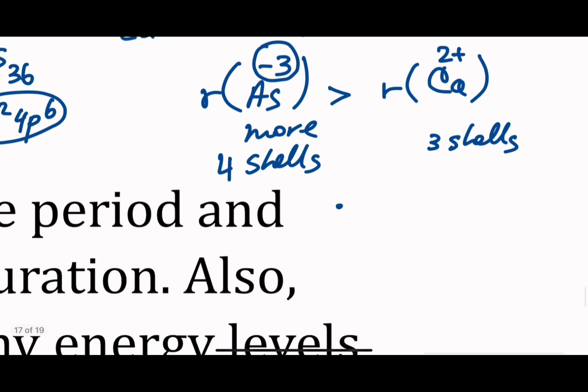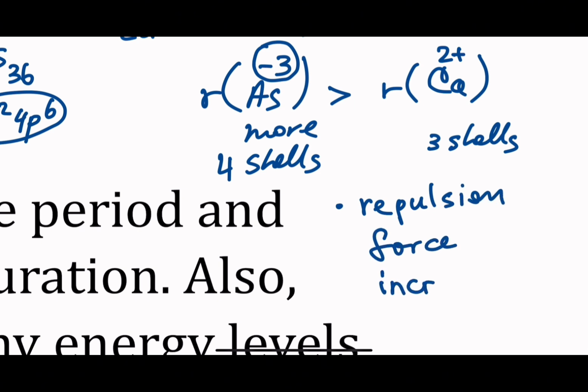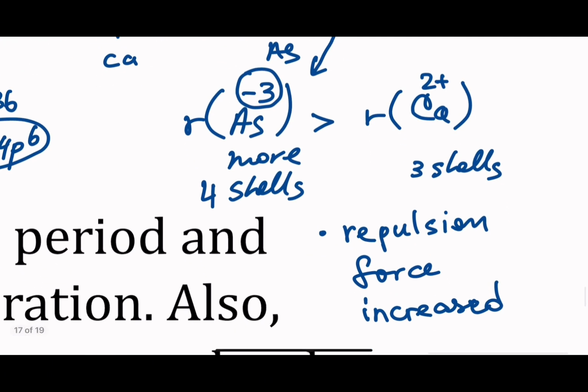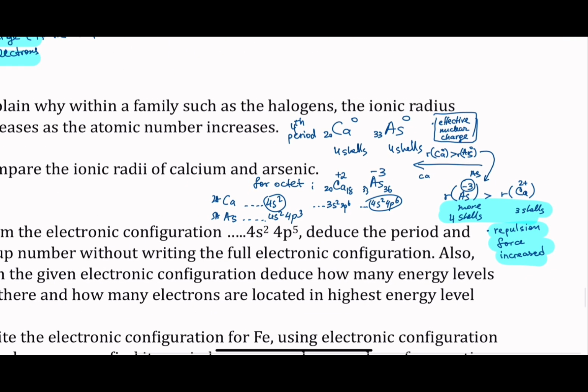So meaning more repulsion force increased, which increased the radius of arsenic from 0 to -3. But the main reason, guys, is the number of shells. The main reason is the number of shells. So keep this in mind, and it will be useful for you.